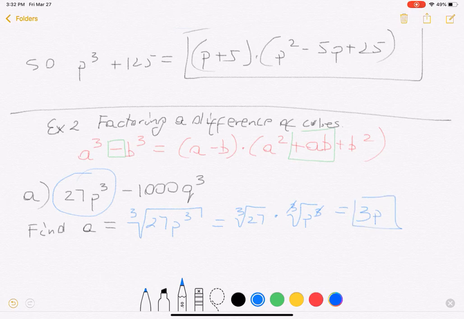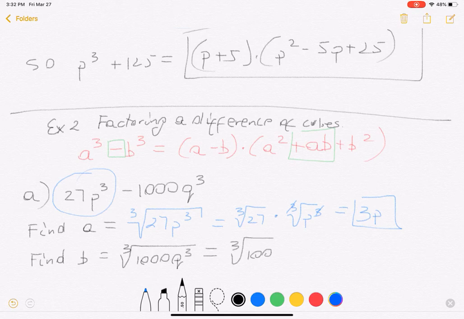Okay, now find b. Take the cube root of 1000q to the third power, which is the same as cube root of 1000 times cube root of q to the third power.